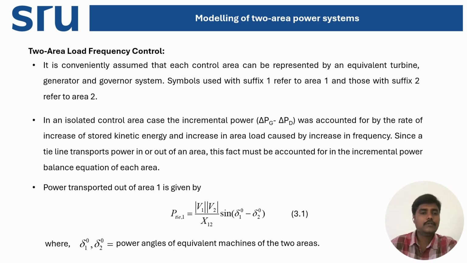Now we can do the two area load frequency control modeling. Just consider an isolated control area in which the incremental power is delta Pg minus delta Pd.